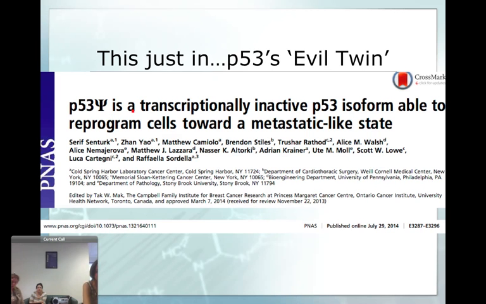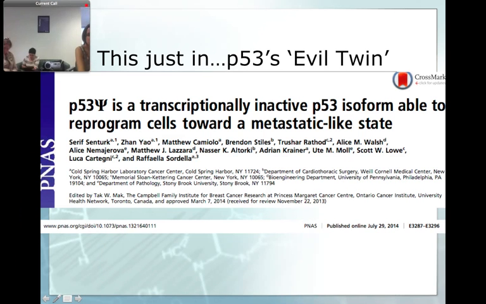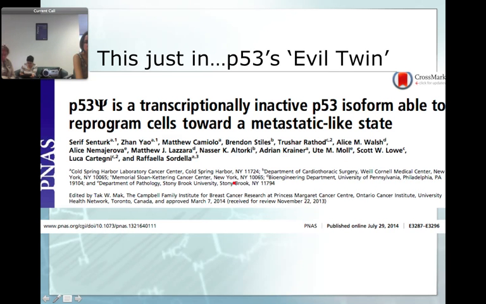And this is transcriptionally inactive, so it doesn't work to target the promoters, but in another way, probably because it's able to bind with other copies and interact with other proteins, it actually programs cells towards metastasis. It makes them more metastatic. It actually drives metastasis. So this is a brand new observation, and it goes against the grain of p53 as the good guy. But we'll learn more. This just came out.